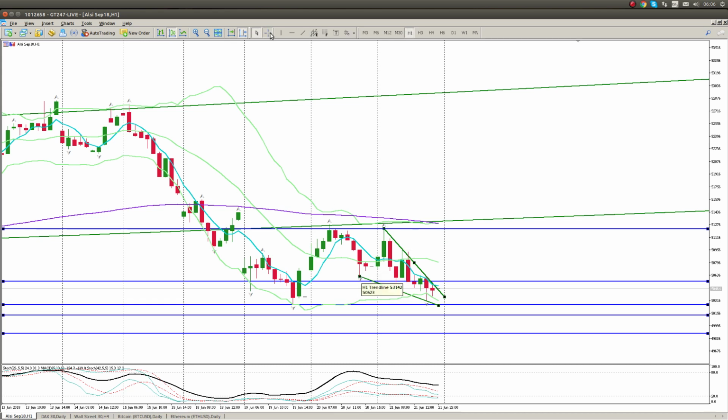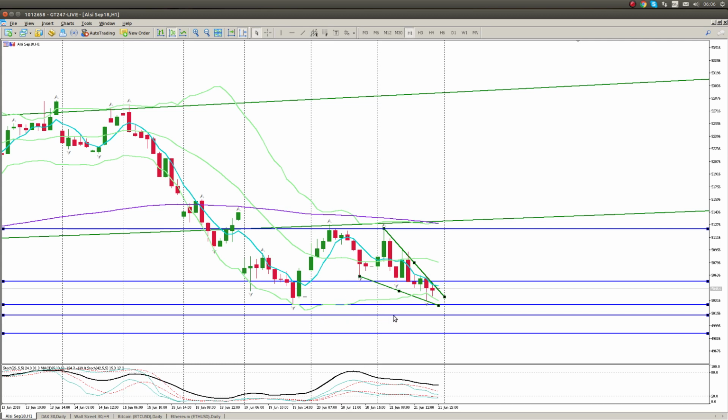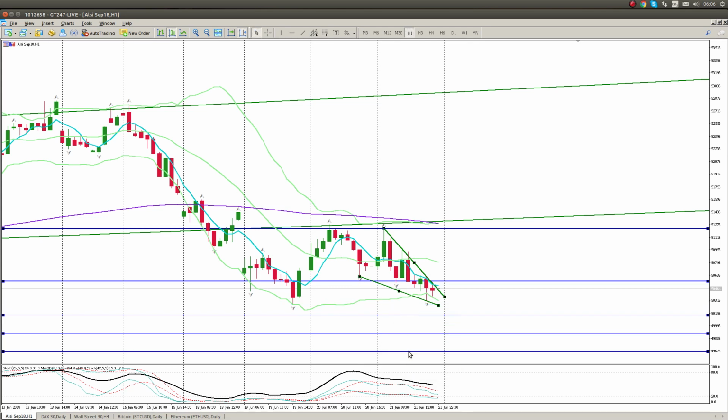So we do still have, let's call it around 600 points. So we do have a double top in play that could target this area here, so this blue line here. Just get rid of that for now. So we do have a double top in play that still targets this area.